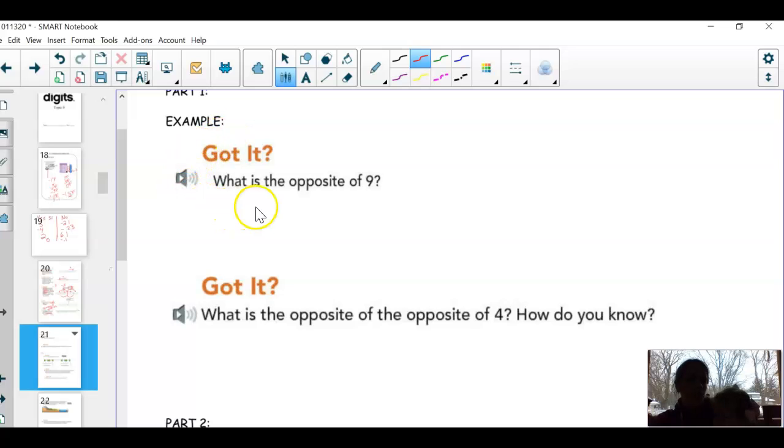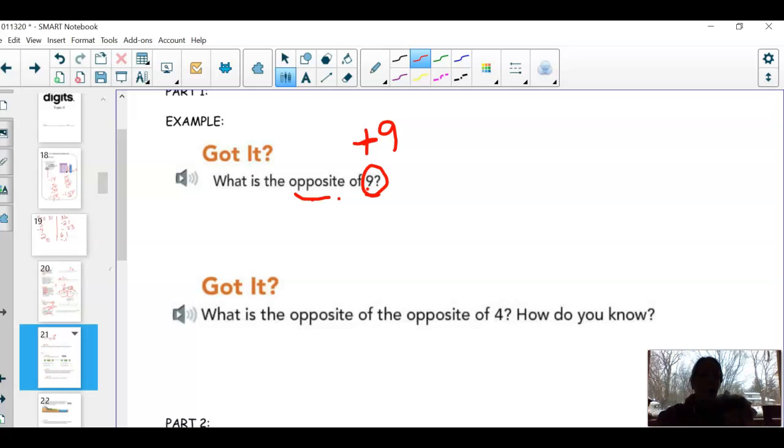So your first one says, what is the opposite of 9? Notice I'm underlining and circling. Get in the habit of doing that. Opposite of 9. Well, I have 9, and this is +9. Este es un número positivo. This is a positive number.